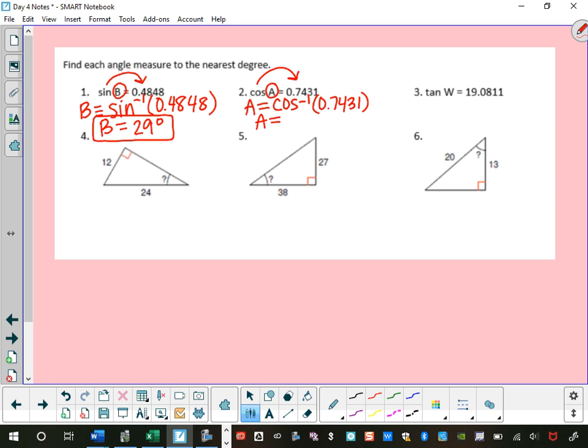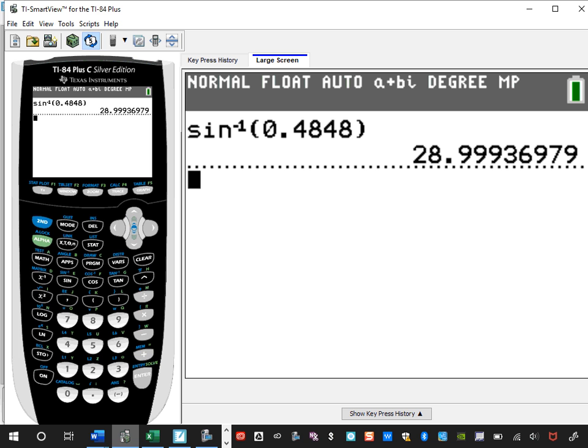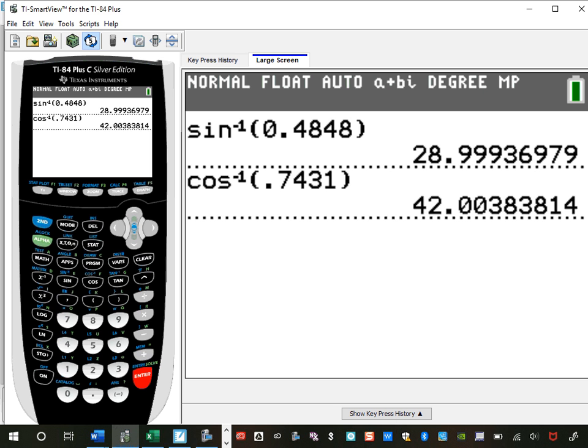Let's type that into our calculators. So I'm going to do second cosine, and then 0.7431. All right, Brian got 42. Jackie, you got 42 as well?